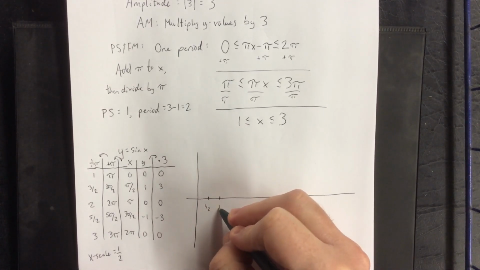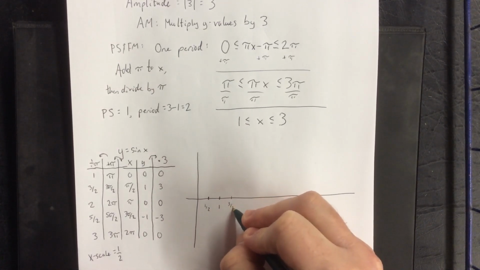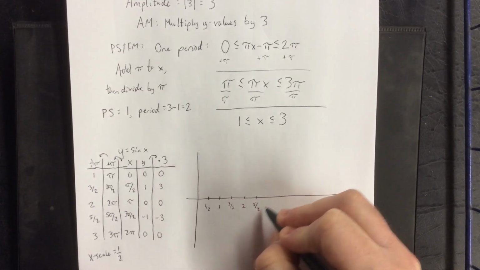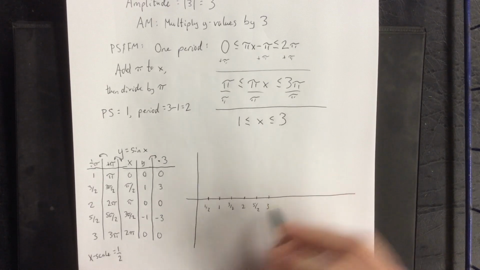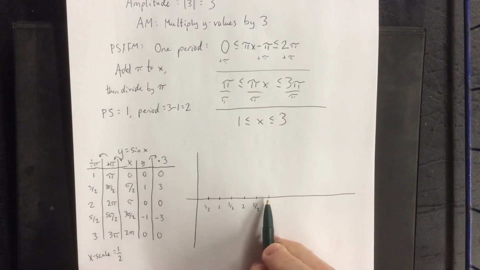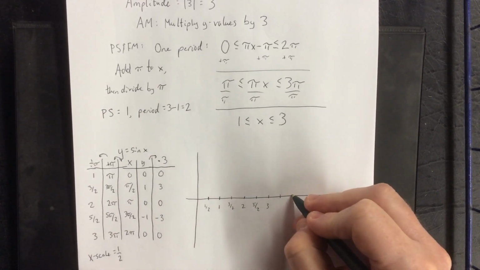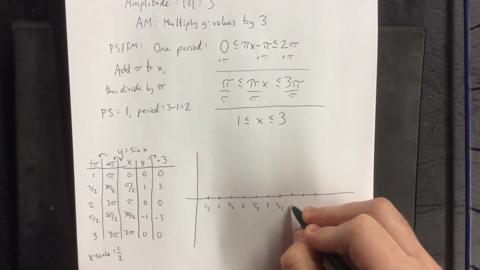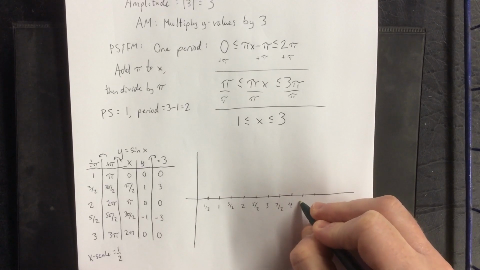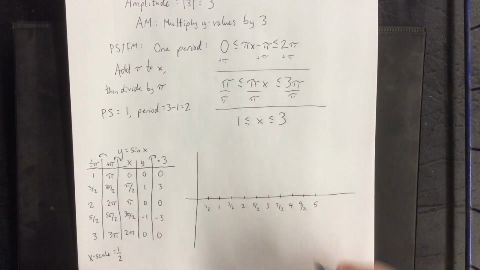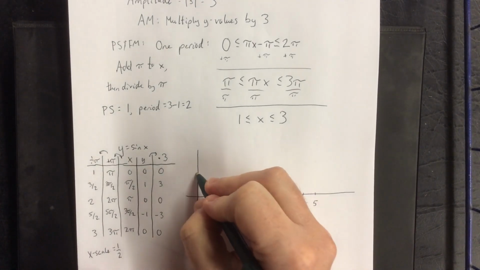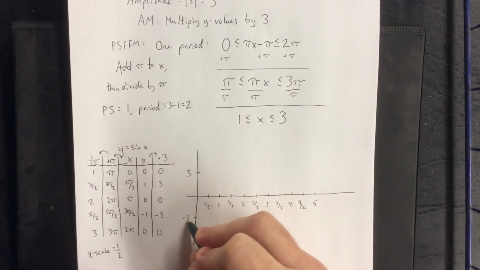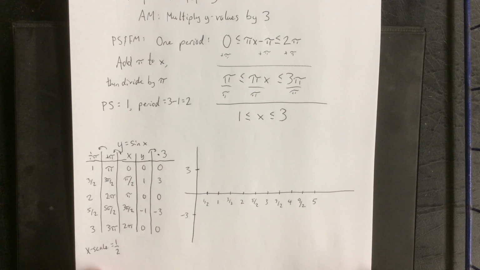So it'll be 1/2, 2 halves, 3 halves, 4 halves, 5 halves, 6 halves. That'll get us our first cycle. For a second cycle, we'll need 4 more points beyond that. So 7 halves, 8 halves, 9 halves, and 10 halves. Maximum values will be at positive 3, minimum values will be at negative 3.